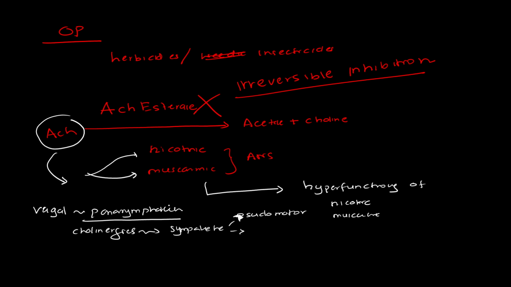Now once there is this hyperfunction, what you would see, I usually like to keep this memory, SLUDGE. This is how I remember. What does the parasympathetic do? It causes salivation. So you would see increased salivation.